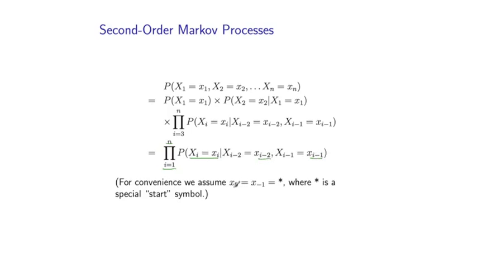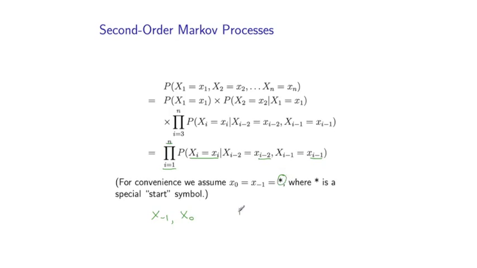And I'm now careful to define a couple of random variables, x minus 1 and x0, at the start of the sequence. And these random variables always take the value star.